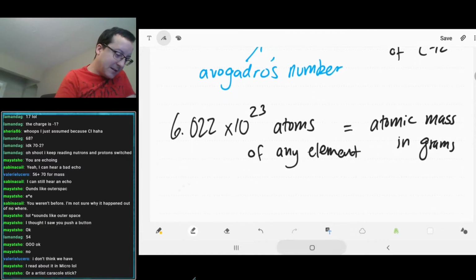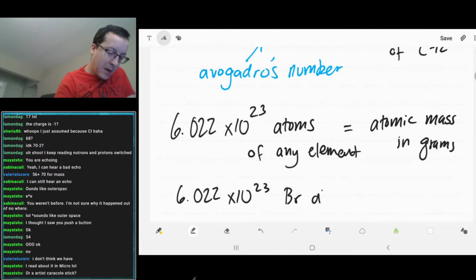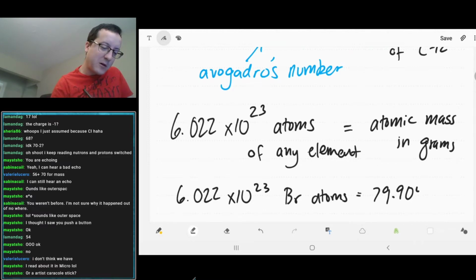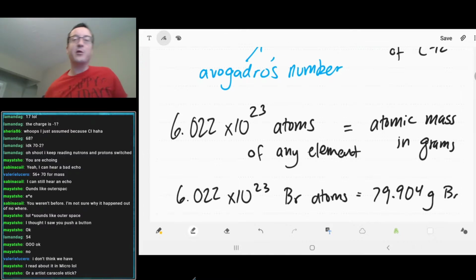So what that means is that if we had that many bromine atoms, that would be equal to 79.904 grams of bromine.